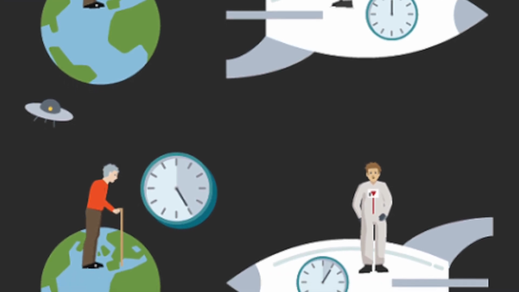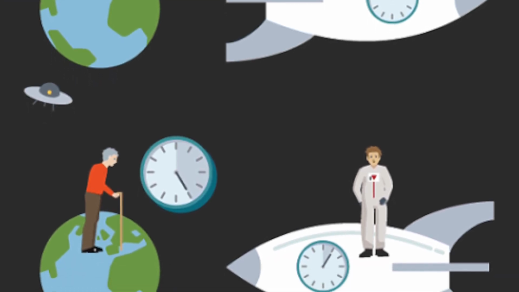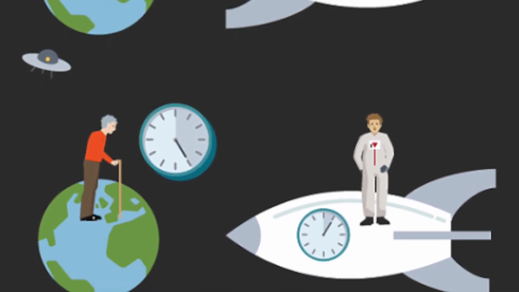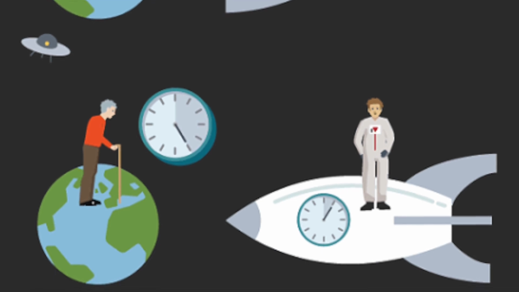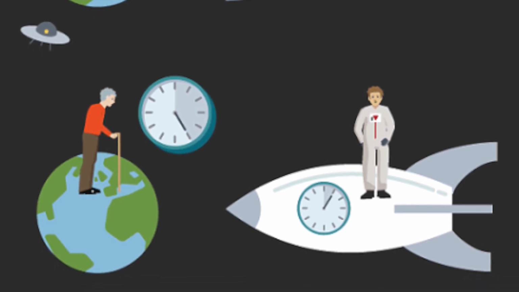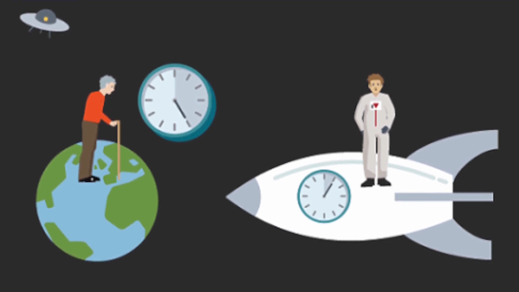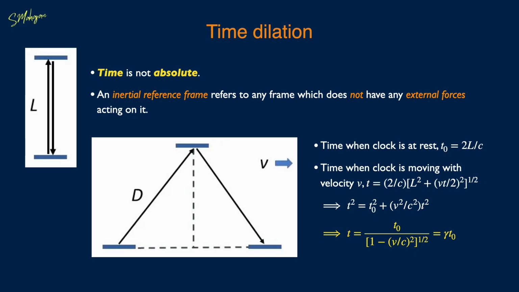Meanwhile, the astronaut sees the twin on the Earth moving away at high speed and therefore will appear younger to the astronaut. It is all right for two moving observers to see each other's age slower, but we have a problem if we try to bring the twins together both at rest. We can see which one is really younger and decide which one was really moving. Now, this violates Einstein's postulate that there is no experiment which can be performed to test which inertial frame is moving and which is at rest.